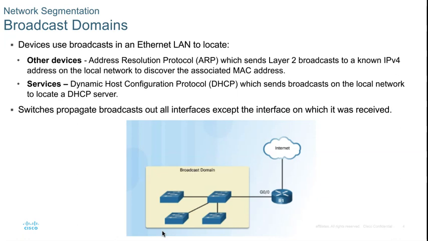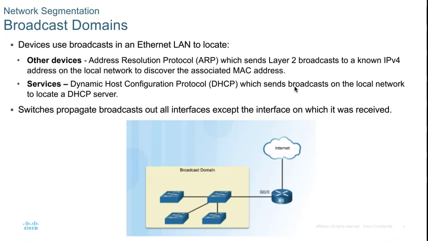I don't have an IP address, and I'm looking for any DHCP server in the network. If you exist, please give me an IP address. There will be a kind of dialogue between the DHCP client and the DHCP server. However, a great part of that dialogue is broadcast based. Now, broadcast, we have to use it. It's a part of our network.